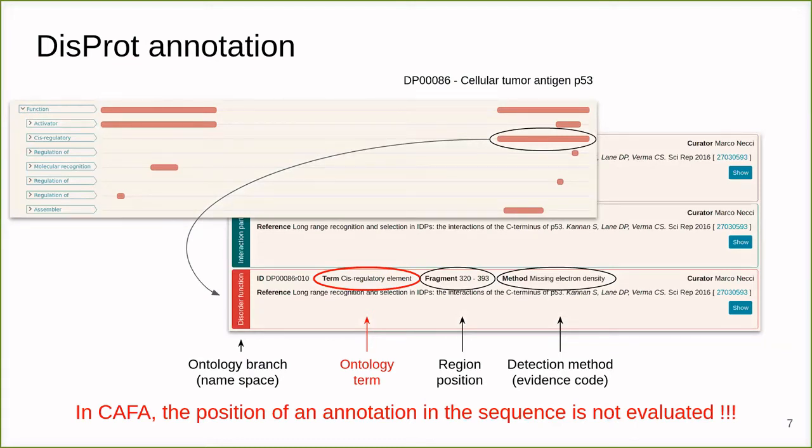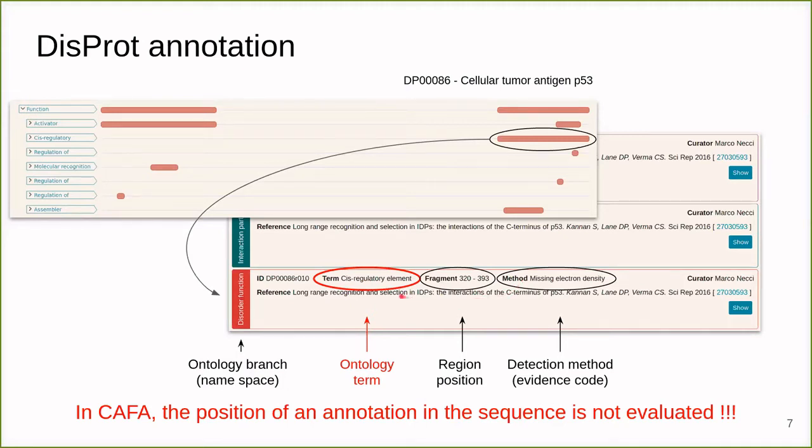Disprot annotations are provided at the region level, so you see that each functional region corresponds to an article, and in particular, each functional region is characterized by a term, which describes its function, a position, start and end position of the region, and the evidence code, which in all cases is an experimental biochemical method.